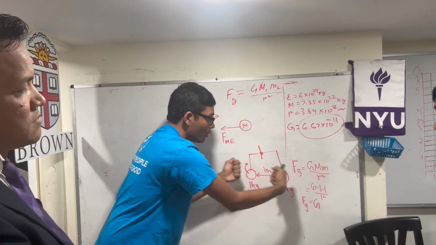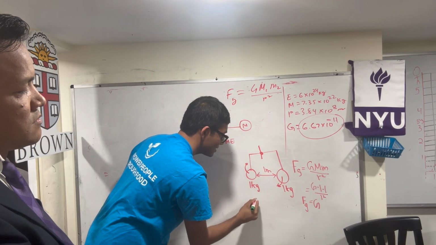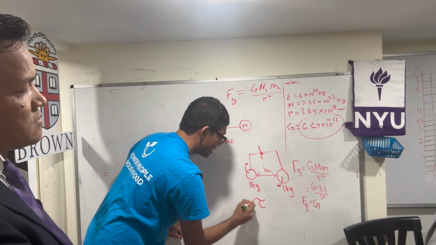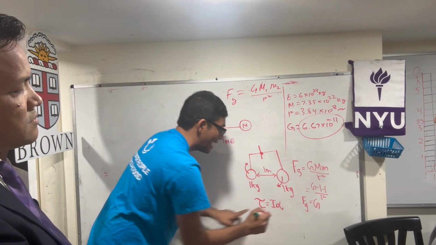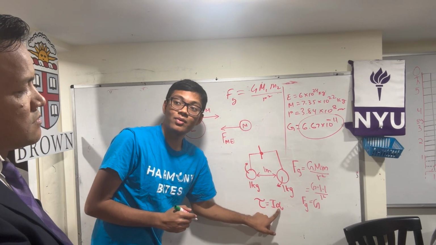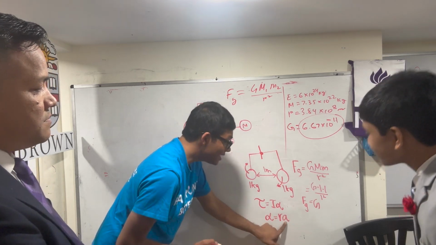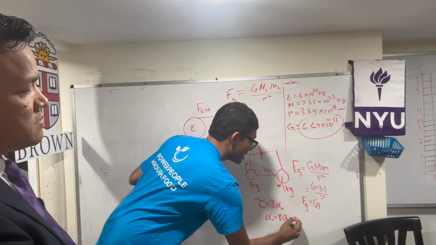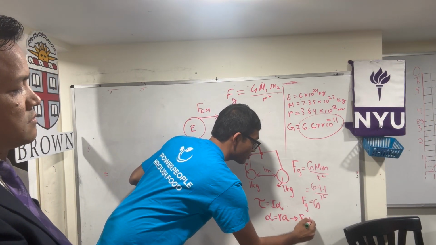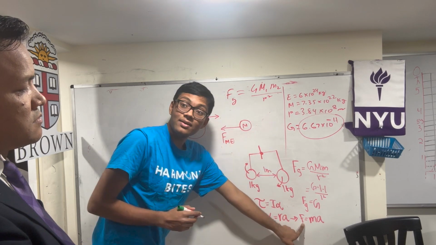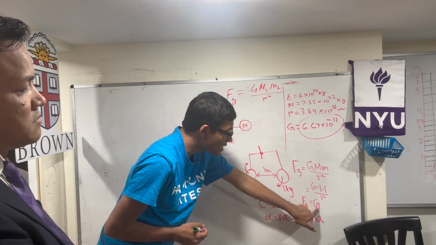If you know the torque, you can calculate the angular acceleration of the balls. From that you get the linear acceleration, and from the acceleration and their mass, you can get the force. And if you know the force, then you know G.